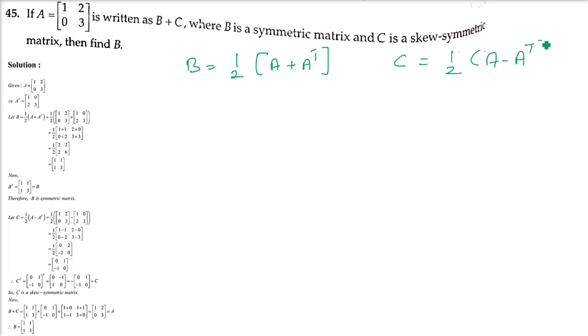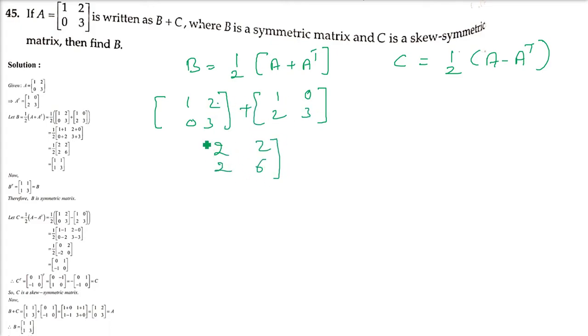Because when you add half of A plus A transpose and half of A minus A transpose, this is going to give you A only. So this 1, 2, 0, 3 is A. A transpose is what? Row will be column. 1, 2 will be the first column, 0, 3 will be the second column. Now just add them. 1 plus 1 is 2, 2 plus 0 is 2, 0 plus 2 is 2, and 3 plus 3 is 6. Now take the half: 1, 1, 1 and 3. So this is going to be B.